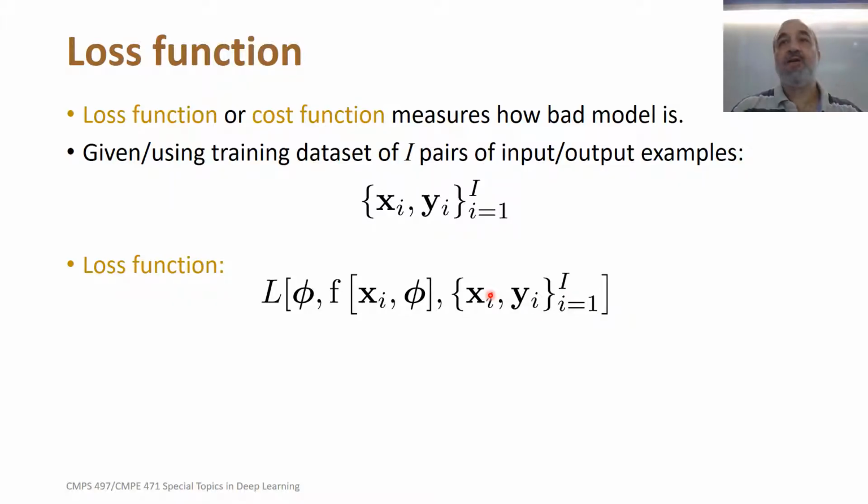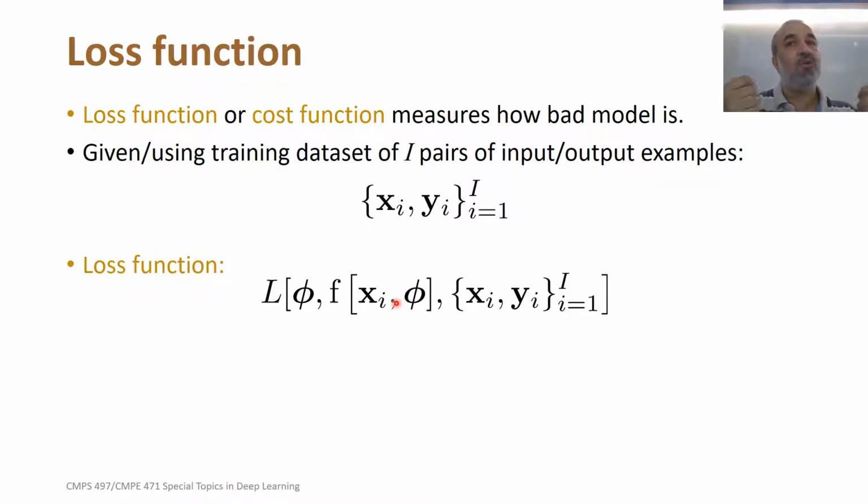We are also computing the loss function for a specific model, right? We want to see if that model is good or bad. If we are talking about a specific model, then we are talking about specific values of the parameters. That's why the parameters are input for that loss function. So we have to know the parameters, phi, of the model, because we are talking about the loss value or how good a specific model is. And we have to have the model equation, right? Why do you need the model equation?